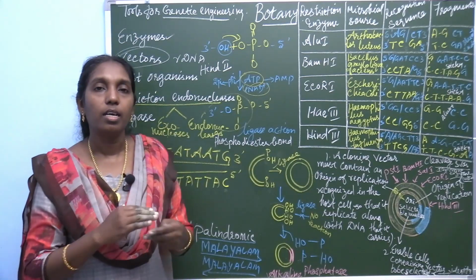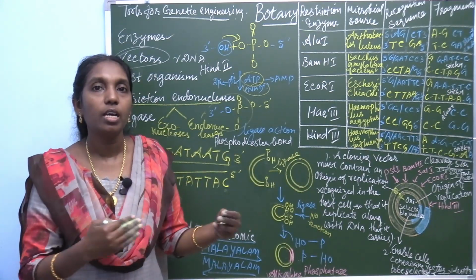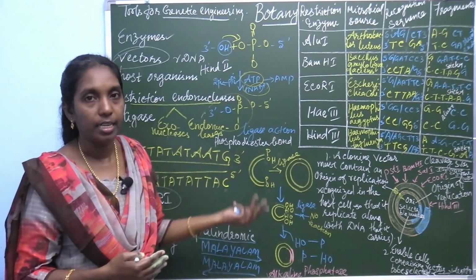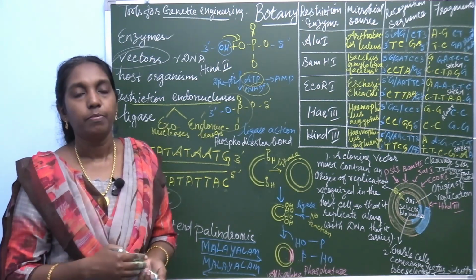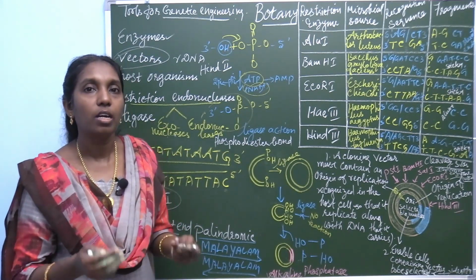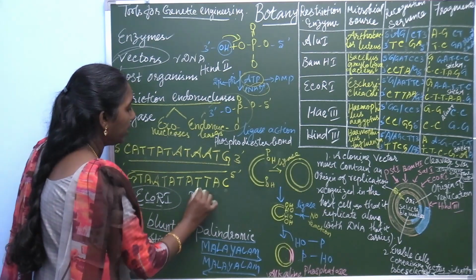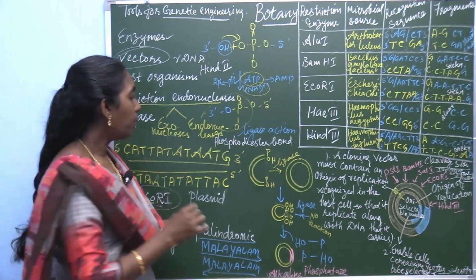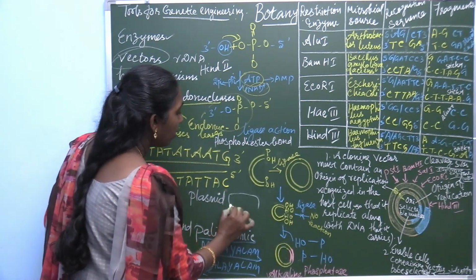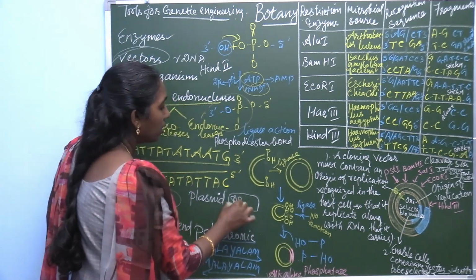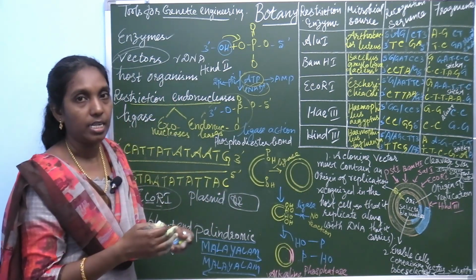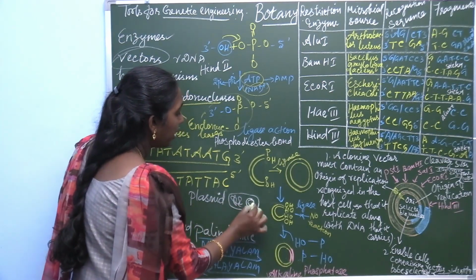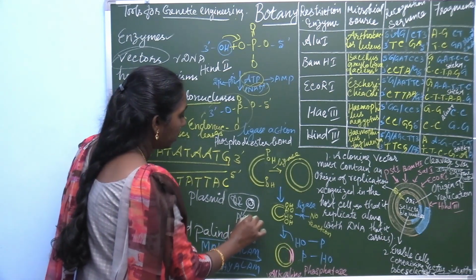The other major component involved in rDNA technology, recombinant DNA technology or genetic engineering, is vectors. What are vectors? These are nothing but plasmids. You know that in the bacterial cell, in addition to the genome, there is nuclear material, the nucleoid, and there is an extrachromosomal DNA called plasmid.